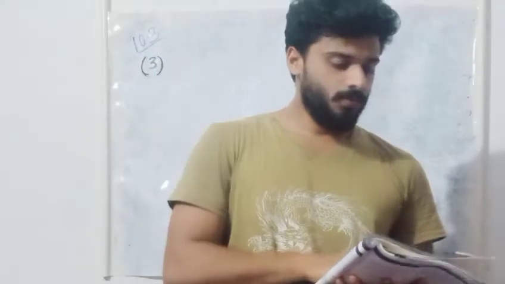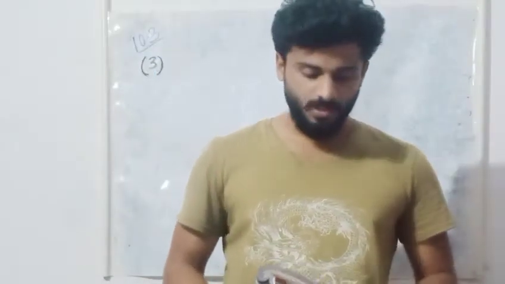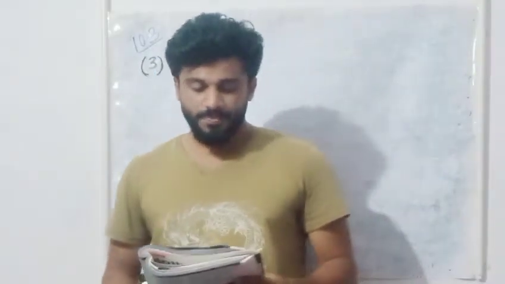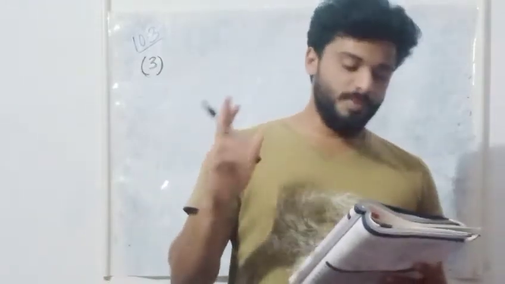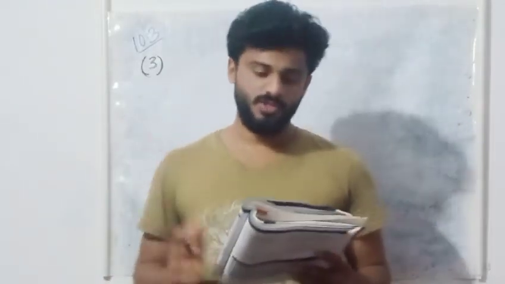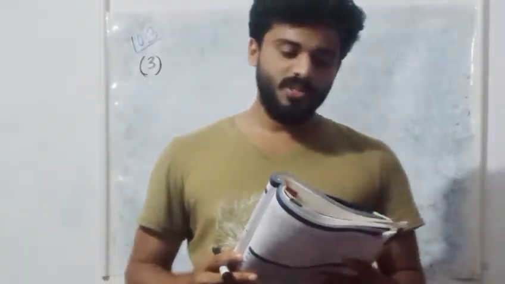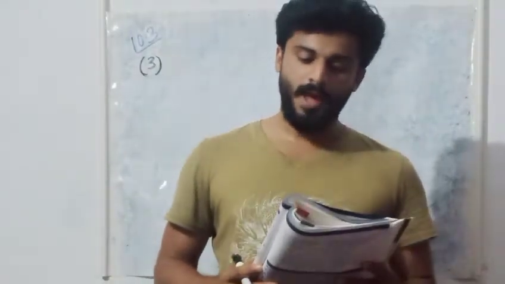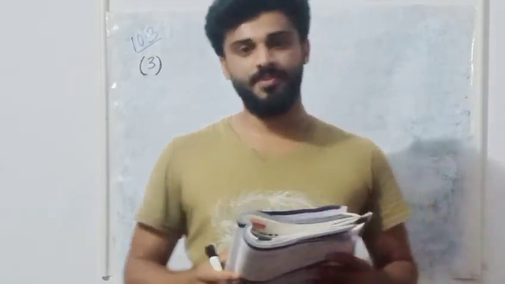Now another question. The question is 10.3, question number 3. I will read the question. Sona deposited rupees 4,000 in a bank for 2 years at 5% rate. Find the amount she received at the end of the year from the bank when compounded half yearly.